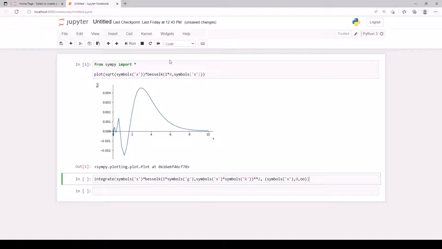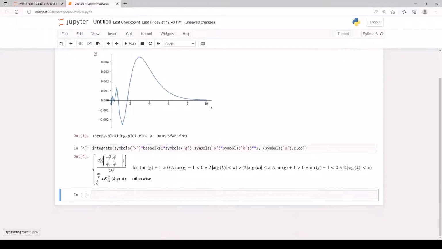And if we integrate this, what you'll see is you're going to get this. This is called a Meijer G function, and actually understanding how a Meijer G function works is way beyond the scope of this textbook. Also, if we get something like this in SymPy, it sort of implies that this integral is a little bit too complicated for it to handle.